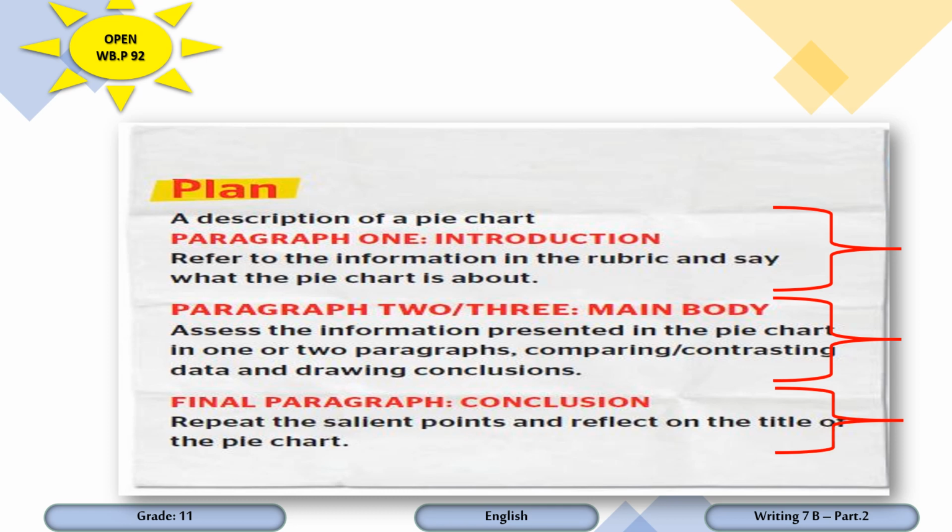In the final part, or the last paragraph, or what we call the conclusion, we repeat the points again and reflect on the title of the pie chart.